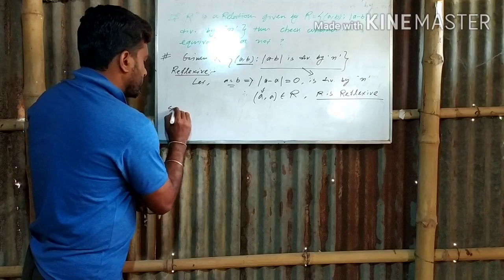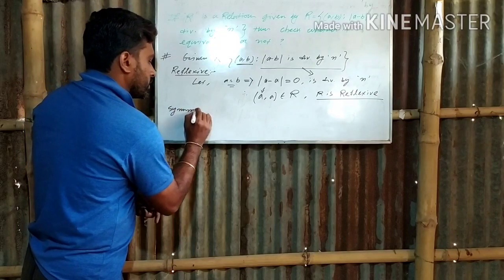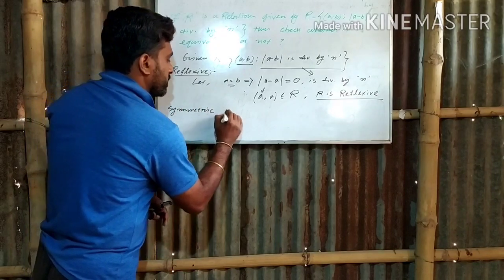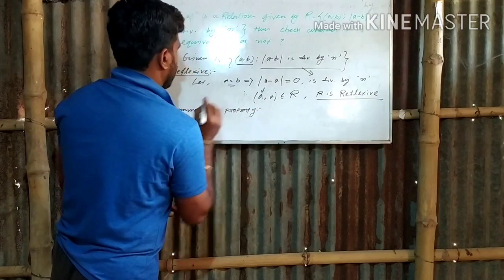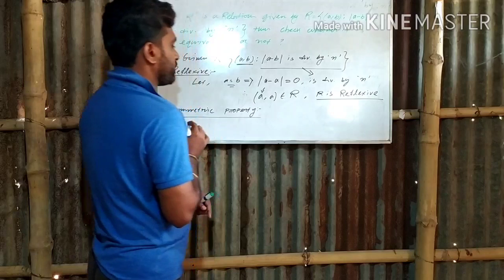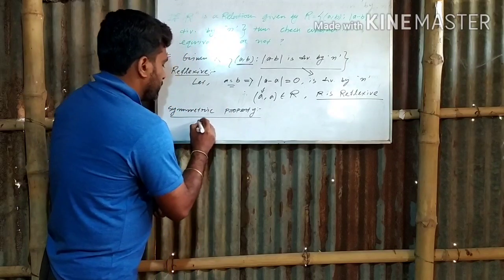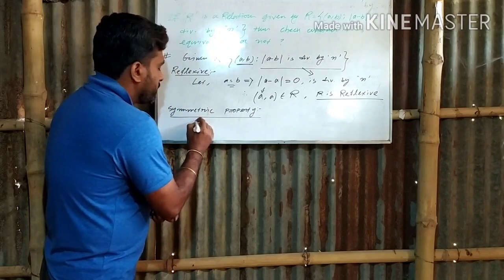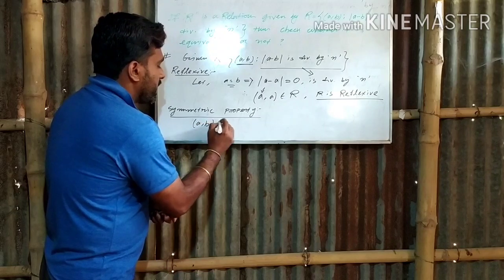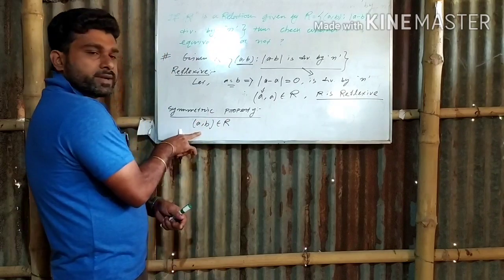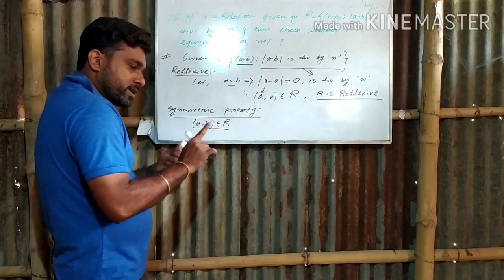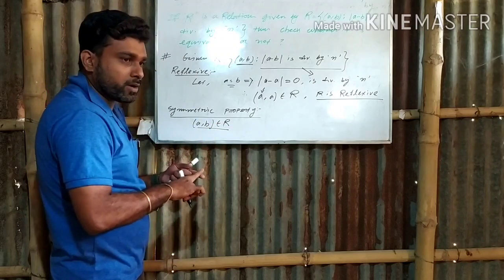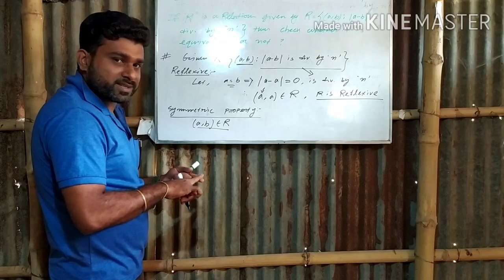The second property is what? Symmetric property. Here the same thing. You have to write the line. The same line. If the relation between A and B, you can write just like this. And this line denotes that there is a relation between A and B, and that's why the order pair A comma B is constructed.